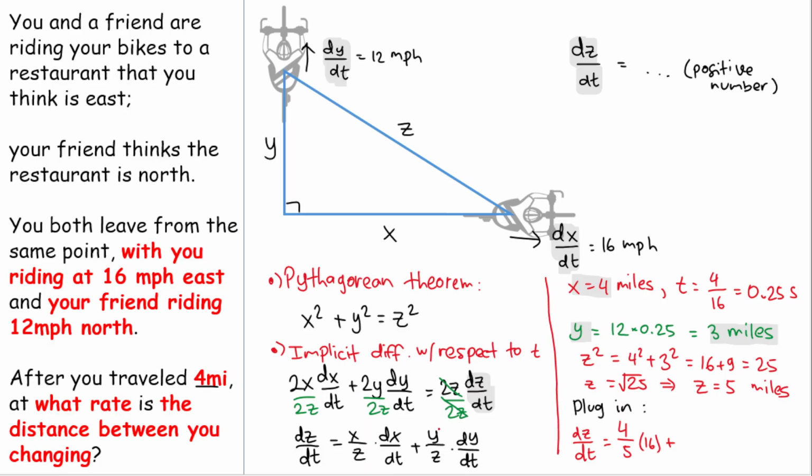Then plus y, which is 3 miles, over 5, multiplied by 12. And that will equal 20, and the unit here is miles per hour. So at what rate is the distance between you and your friend changing? That will be 20 miles per hour, and this is the answer for this problem.